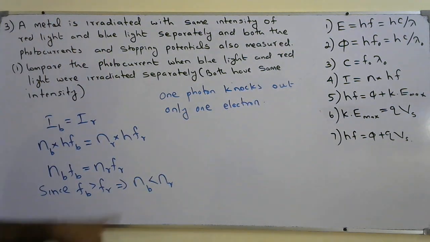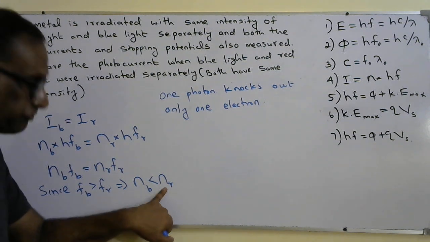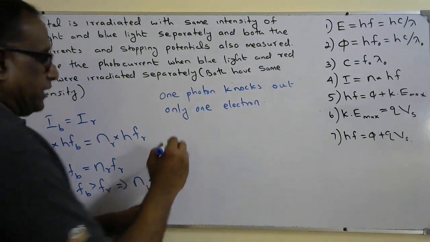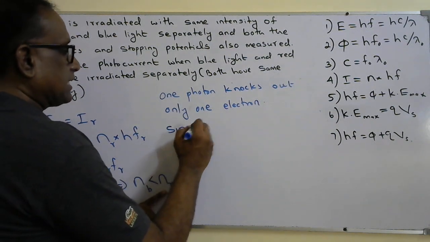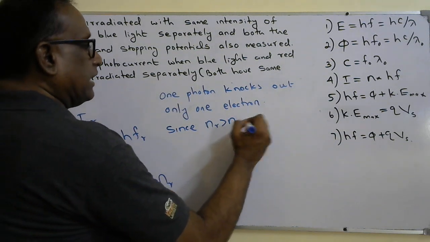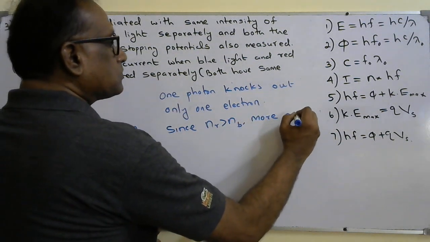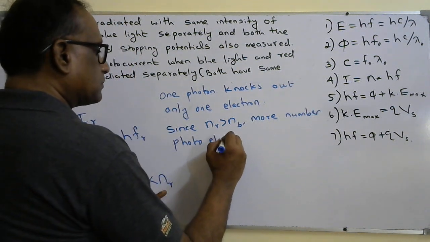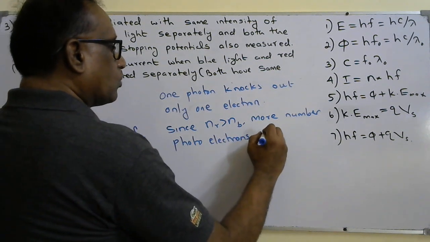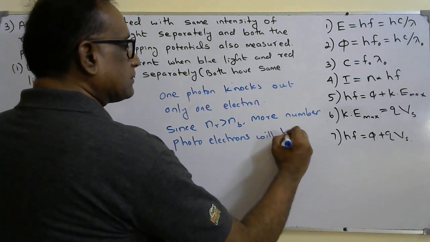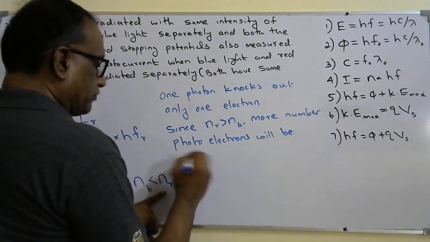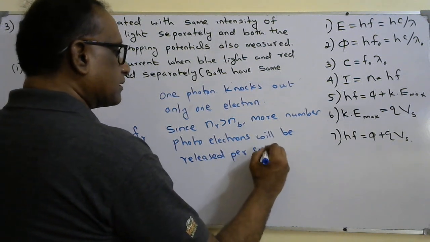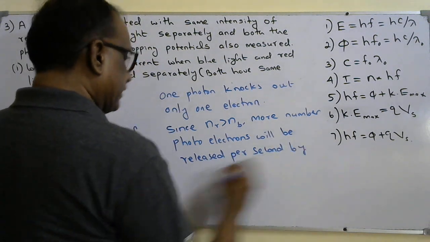Since the number of red photons is greater than blue photons, Nr greater than Nb, more photoelectrons will be released per second by red color light.